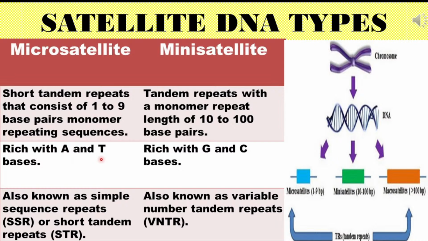The microsatellites are also known as simple sequence repeats (SSR) or short tandem repeats (STR). The minisatellites are also known as variable number tandem repeats, VNTR.